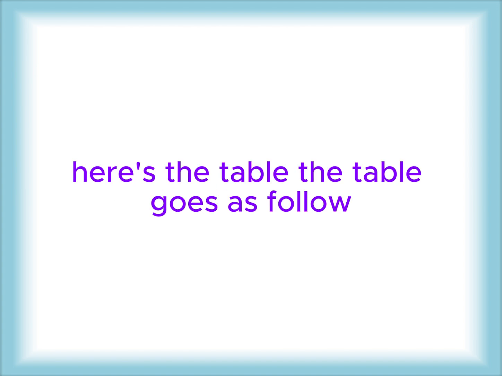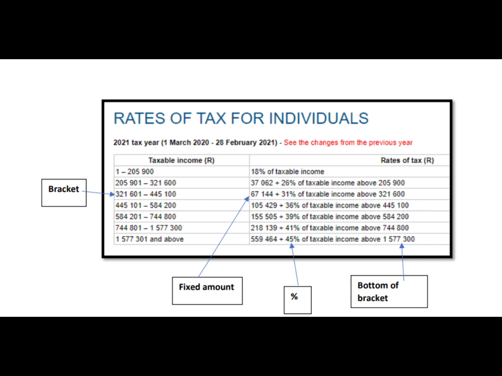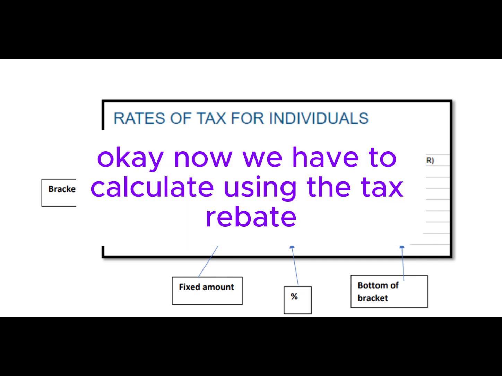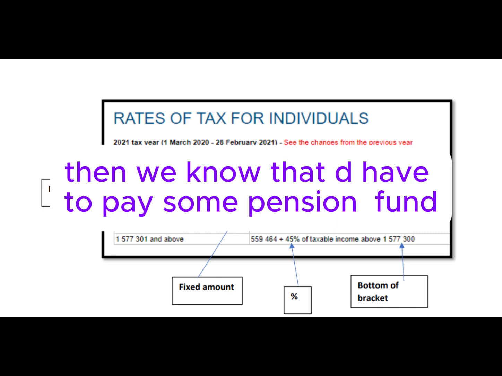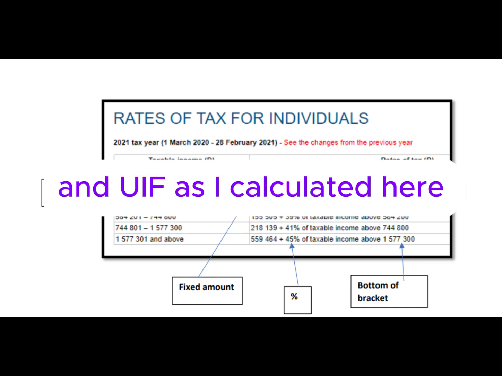Here's the table. Now we have to calculate using the tax rates. For instance, let's say that D is earning a 30,000 salary per month. Then we know that D has to pay some pension fund and UIF.